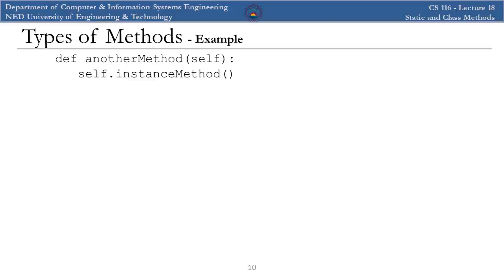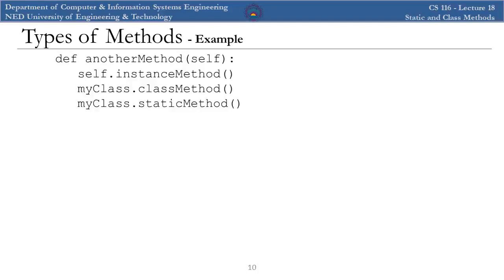For an instance method, you have to access it using this self dot operator. Otherwise, it will give you an error. For a class method, you call it using the class name, and a static method is also called using the class name. Although you can call these class methods and static methods using self also, that doesn't make much sense here, because usually these methods are general methods that remain the same for all the classes.